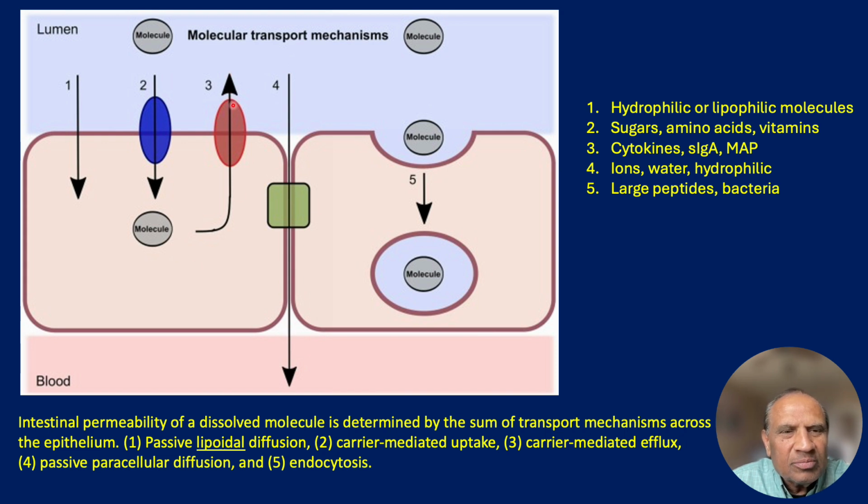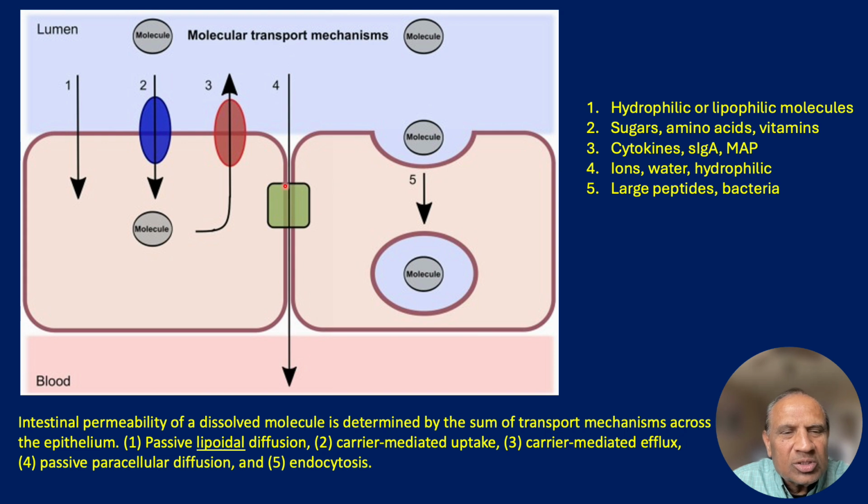And these are many times like cytokines or secretions from the intestinal cells responsible for maintaining immunity. There can be secretory IgA and other peptides that can go into the lumen through this receptor, where it can act or prevent bacteria going through.